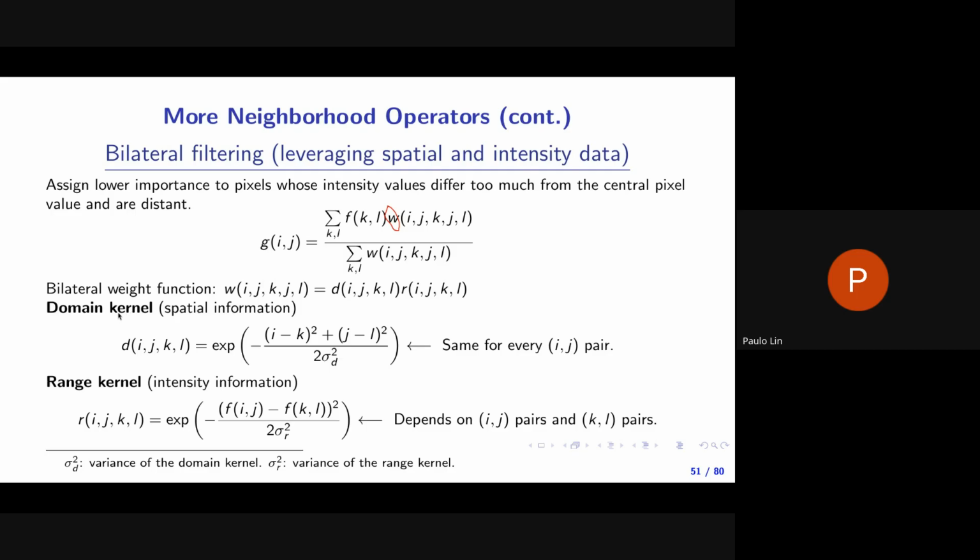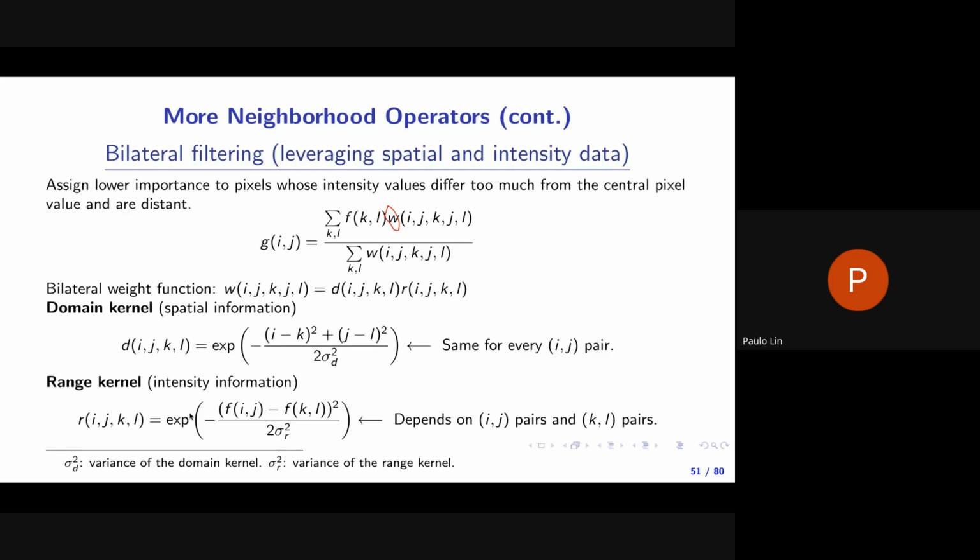So the domain kernel regards spatial information, which represents the distance between the pixel we want to modify and the neighbors of that pixel. And in this case, the kernel is shaped as a Gaussian function.